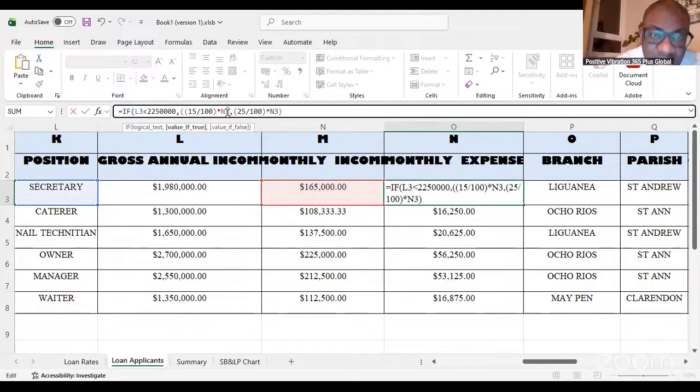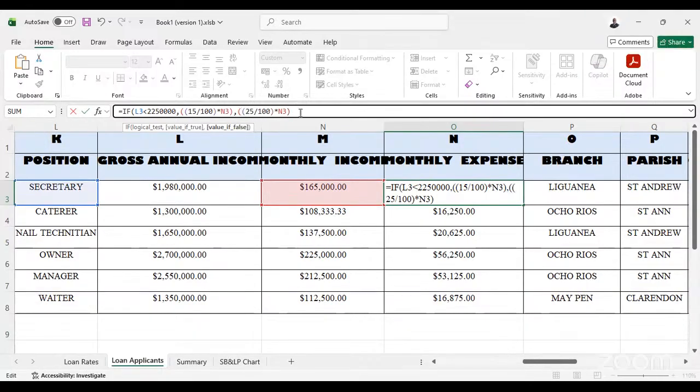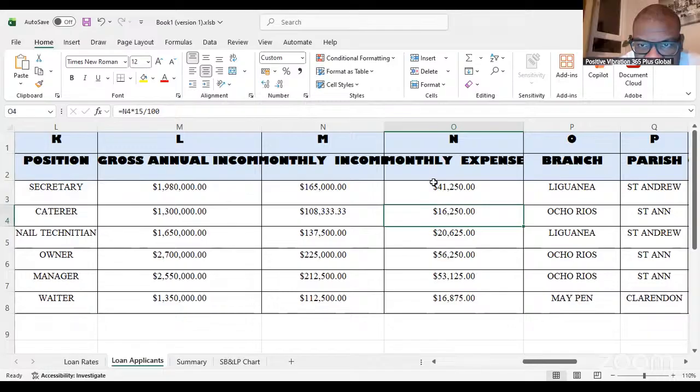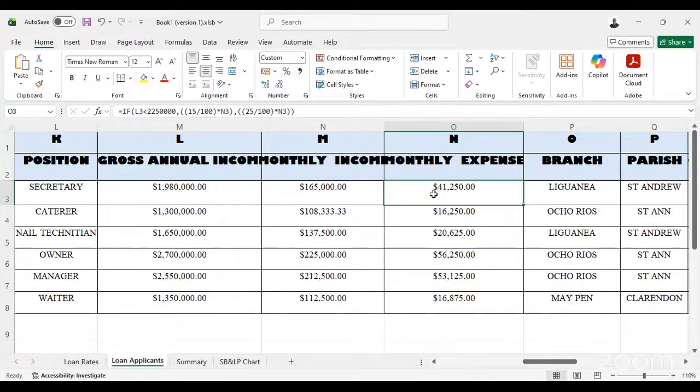Let's put a bracket there. It is still saying 15 over 100. Sir, can we replace the 15 over 100 with 0.15?